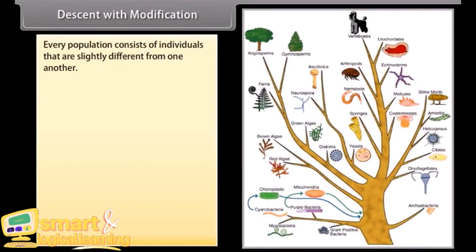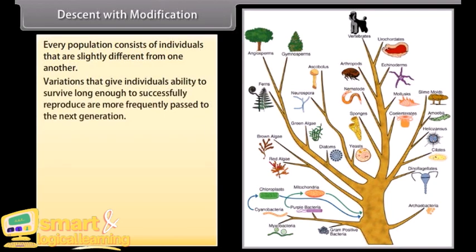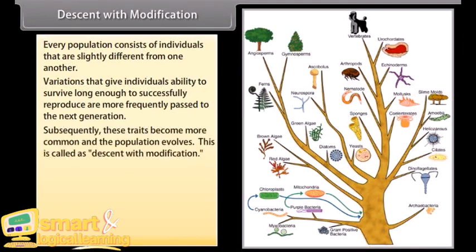Descent with modification. Every population consists of individuals that are slightly different from one another. Variations that give individuals the ability to survive long enough to successfully reproduce are more frequently passed to the next generation. Subsequently, these traits become more common and the population evolves.